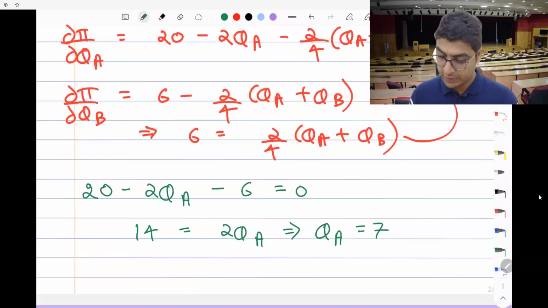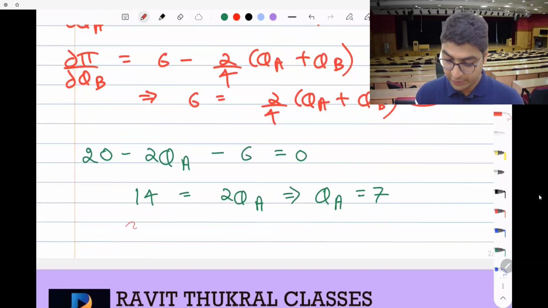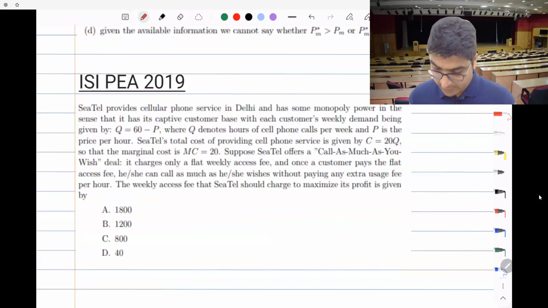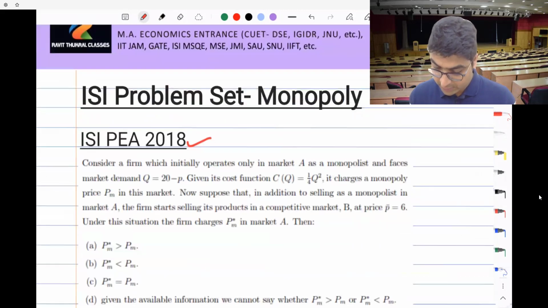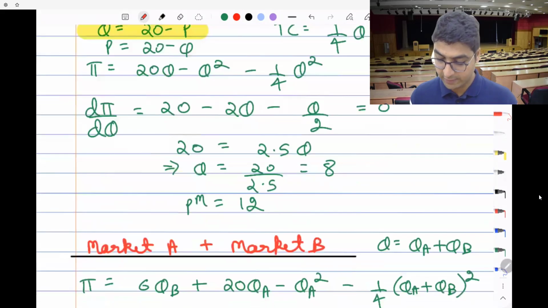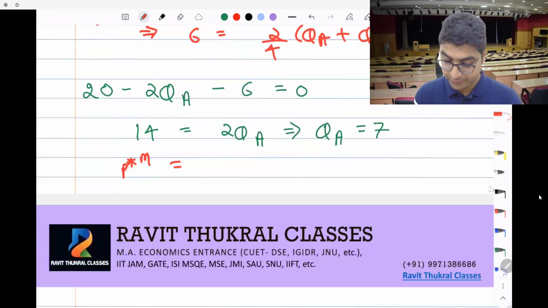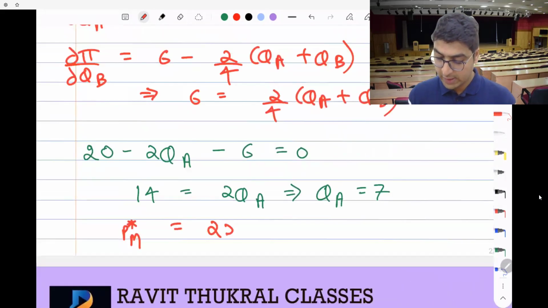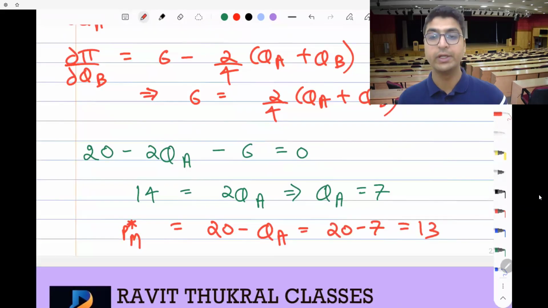Okay, and then using the inverse demand function, P star M would be equal to, is it PM star or P star M? Well, it is PM star, as given below. So 20 minus QA, which is 20 minus 7, which is 13.